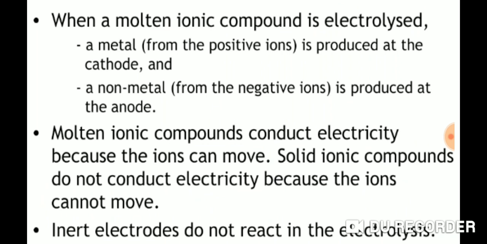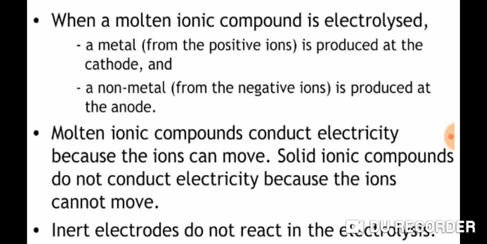Molten ionic compounds conduct electricity because of ions. Solid ionic compounds do not conduct electricity because the ions cannot move. They are not free to move. They have strong electrostatic forces of attraction.